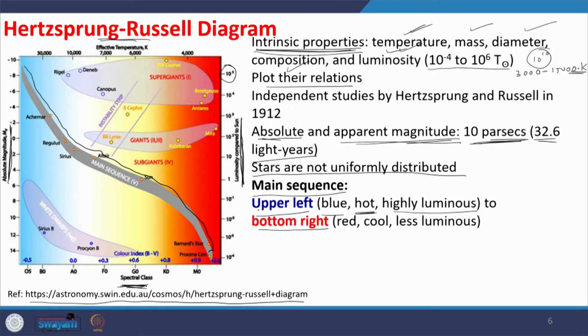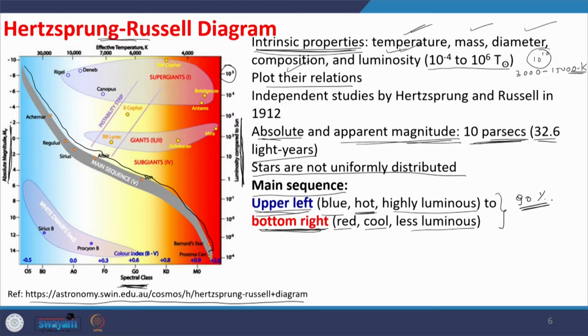For your convenience, I have denoted the upper left with blue color and the bottom right with red color. The stars in the bottom right are red. In terms of temperature they are cool, and in terms of luminosity they are less luminous. The majority of the stars, around 90%, lie between these two.